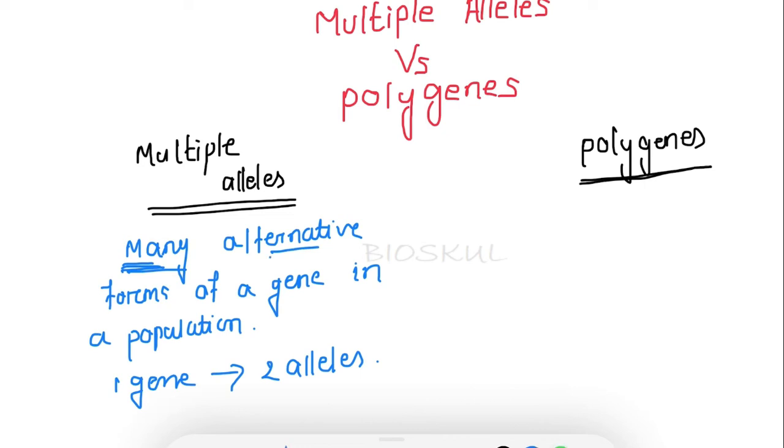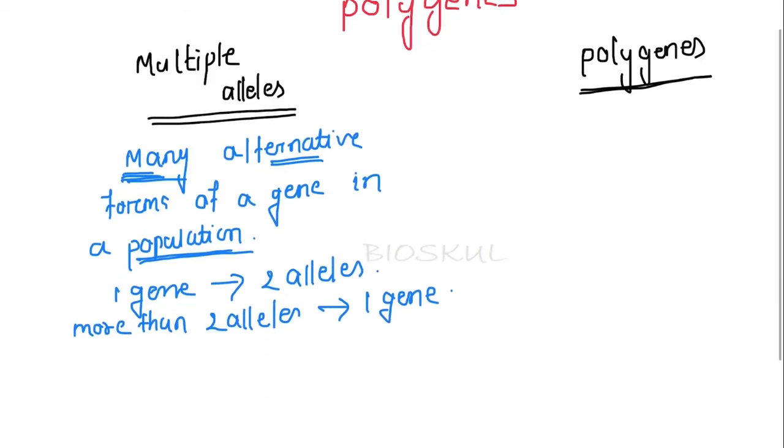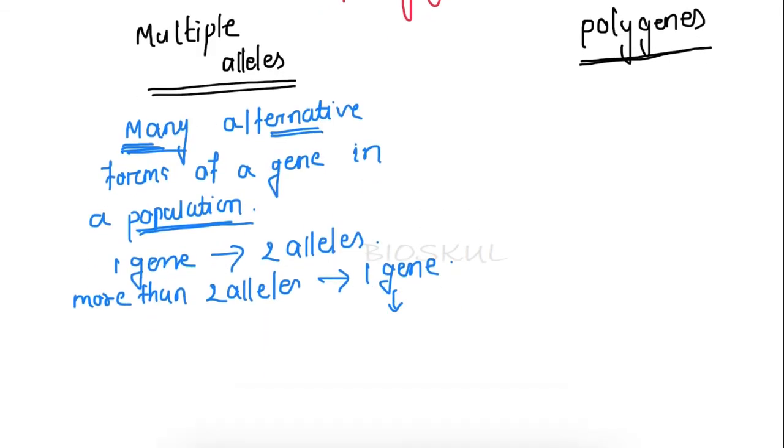But here we are talking about many alternative forms of a gene. That means many alleles are present for a gene in a population. So multiple allele means more than two alleles present for one gene in a population. But in an individual you will find two alleles.